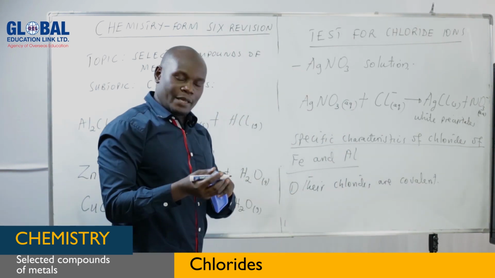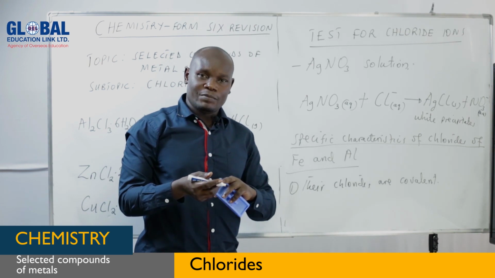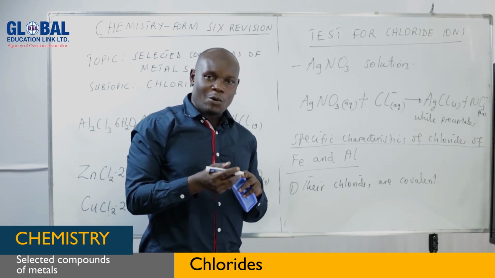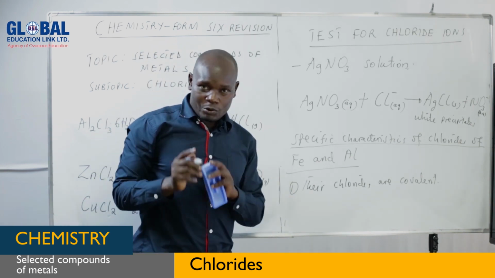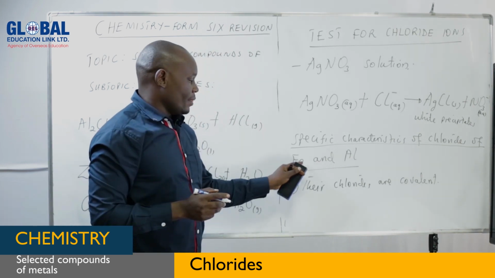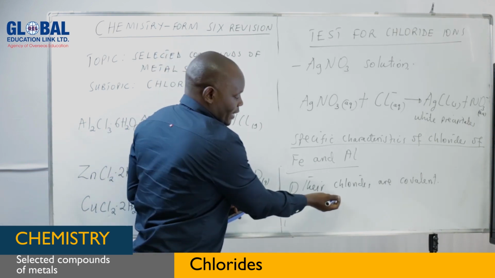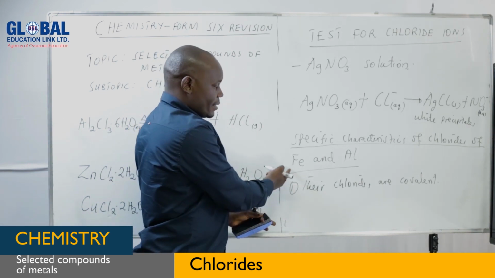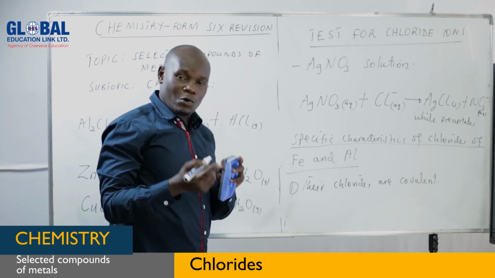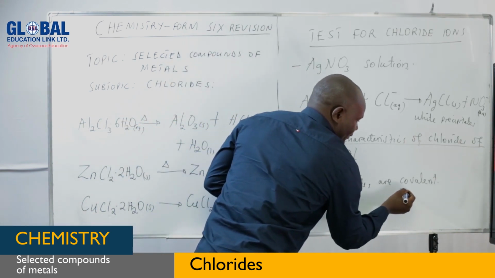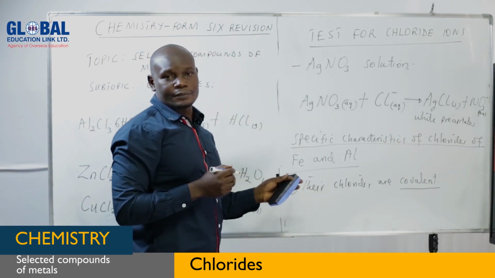We know that when a metal combines with a non-metal, the resulting compound is mainly an ionic compound. But here, the product which is formed when iron or aluminium react with chlorine is a chloride which is covalent in nature.